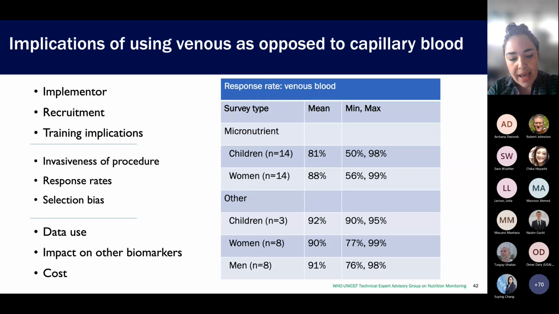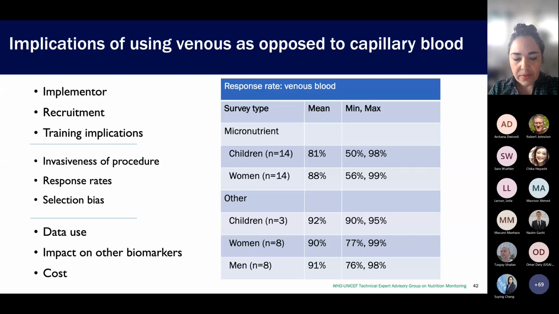Okay, so moving on to the data interpretation phase and also envisioning the future. Most surveys to date have used capillary blood to measure hemoglobin. So if there is a shift to venous blood, this will likely impact the ability to monitor long-term trends.